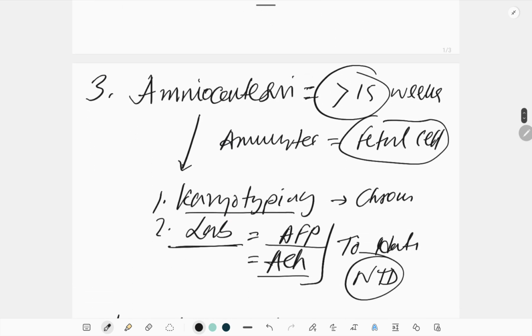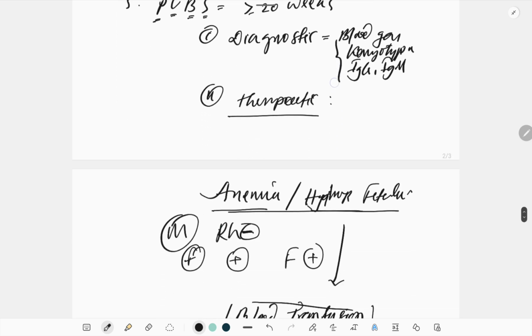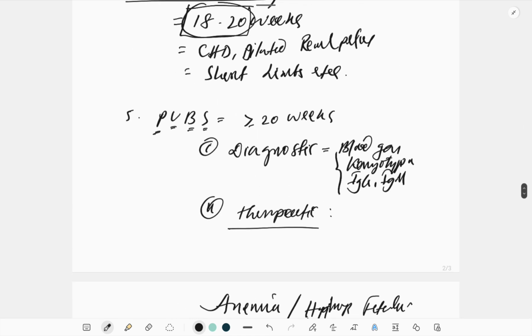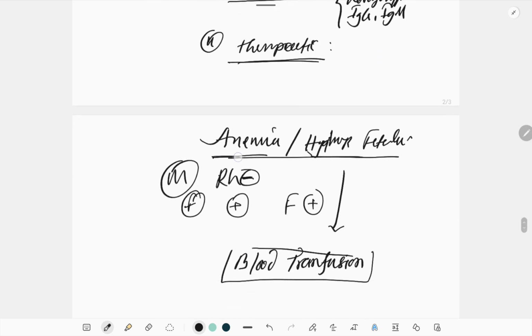Number 3, amniocentesis after 15 weeks of gestation, and anomaly scan then around 18 to 20 weeks of gestation, and finally percutaneous umbilical blood sampling after or around 20 weeks of gestation, and it might be diagnostic or therapeutic, most importantly in case of severe fetal anemia, where intrauterine transfusion of blood to the fetus may be needed.